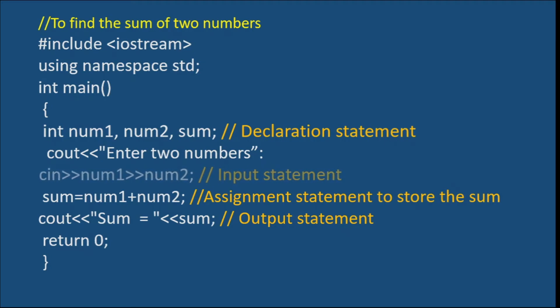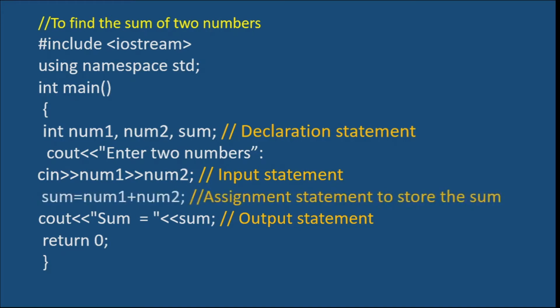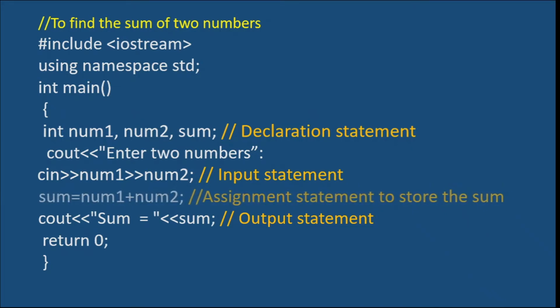Then the stored values in a new m1 and a new m2 will be added together and stored in the variable sum. That is nothing but an assignment statement framed to store the sum of a new m1 and a new m2.